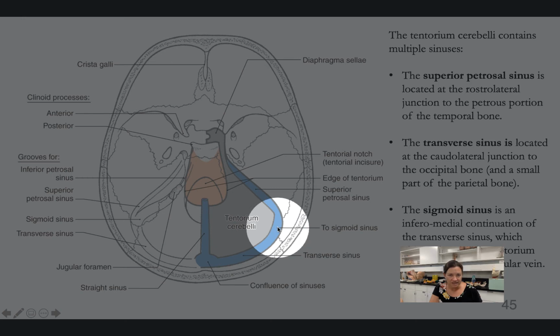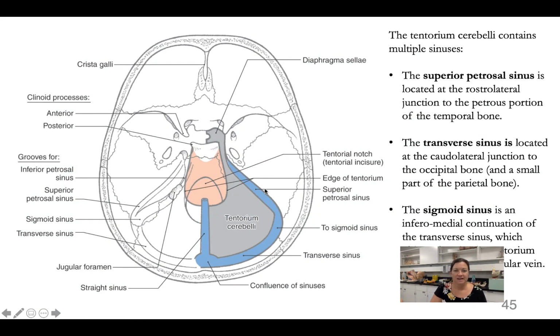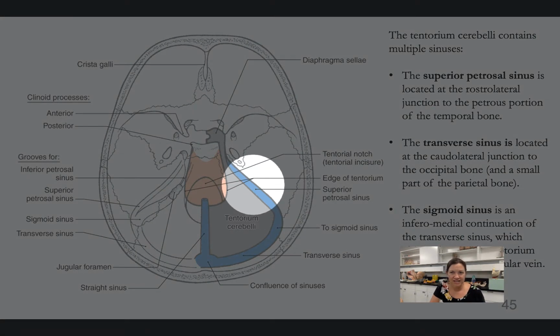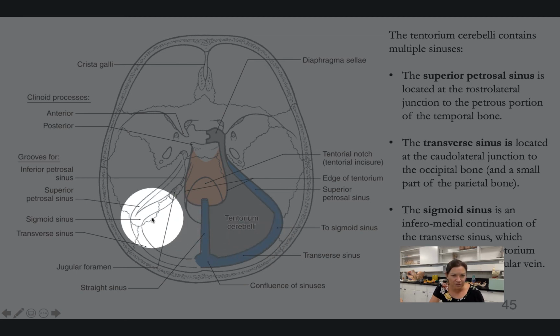The sigmoid sinus is the inferomedial continuation of the transverse sinus, which ultimately exits the tentorium and drains into the jugular vein bilaterally. And there's one more I think I mentioned on the slide. Oh yes, the superior petrosal sinus, which is at the rostrolateral junction to the petrous portion of the temporal bone. So it goes transverse sinus, sigmoid sinus, and superior petrosal sinus.